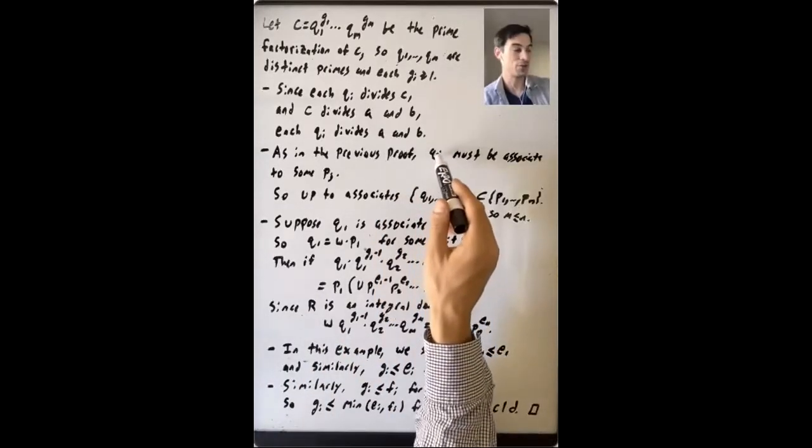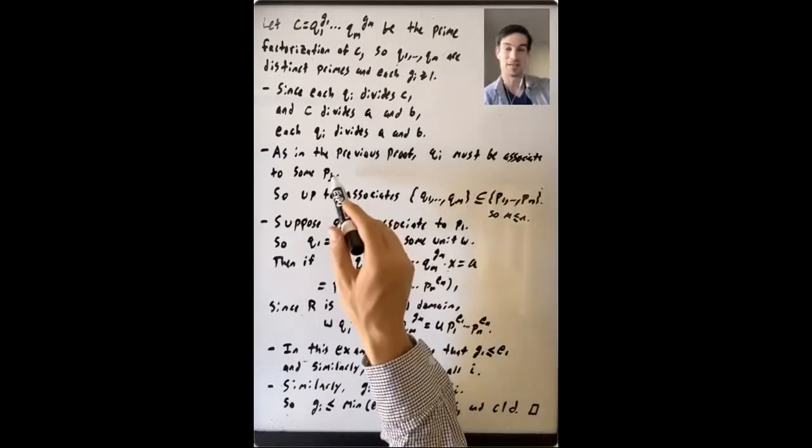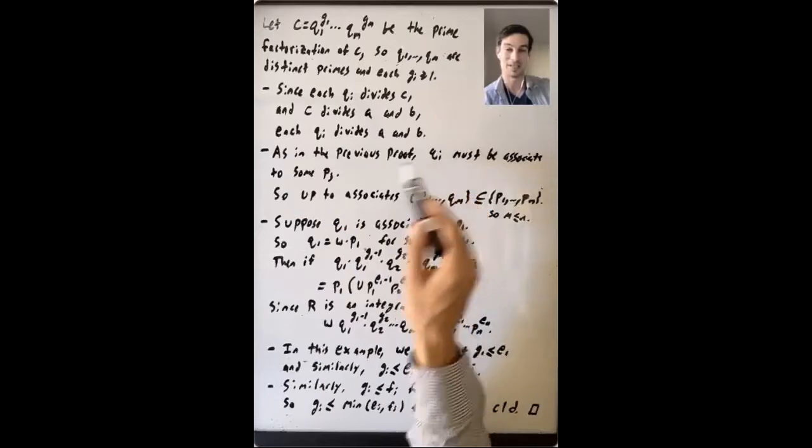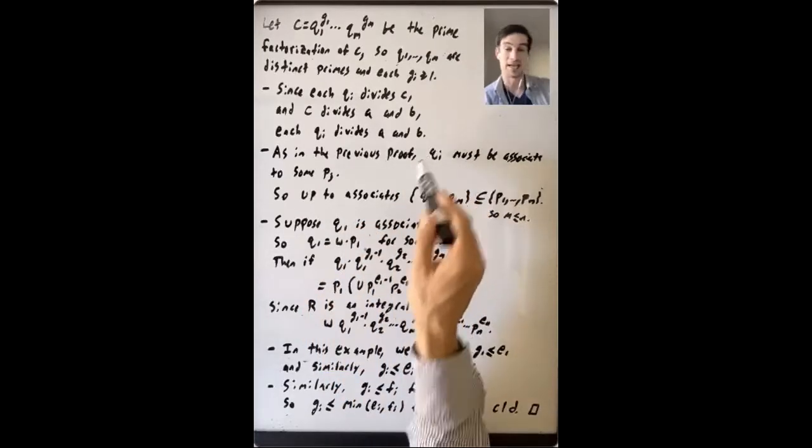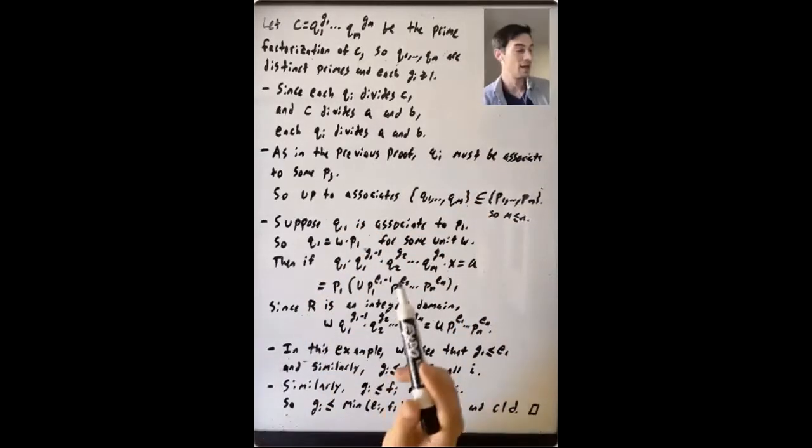This is true for each one. Q1 is associate to some Pj, Q2 is associate to some Pj, and these are all distinct, right? Distinct irreducibles.